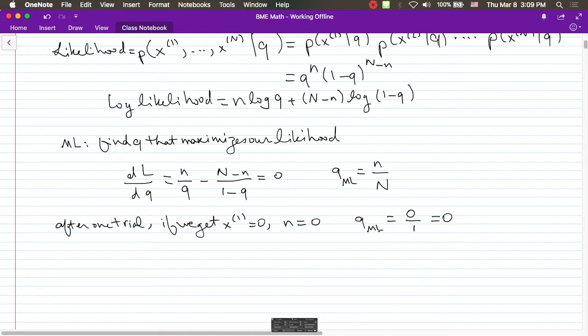So that's the problem. You made one observation, and that observation told you that you didn't get x equal to 1. You got x equal to 0. So your maximum likelihood estimate of the probability of getting 1 is 0.